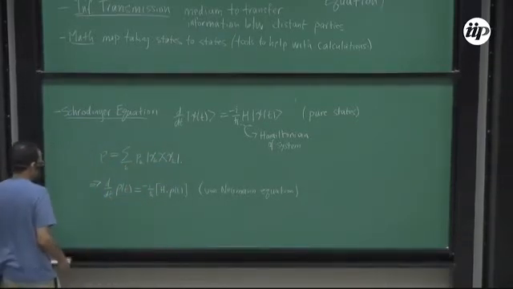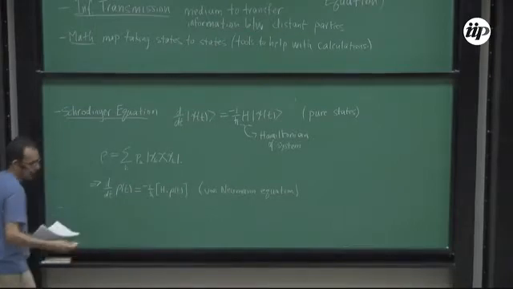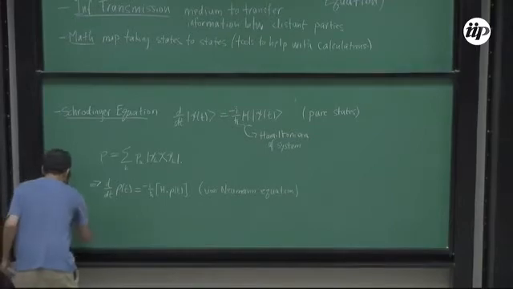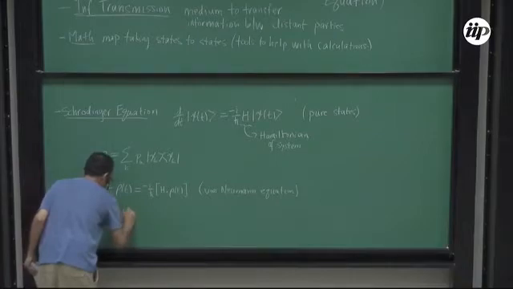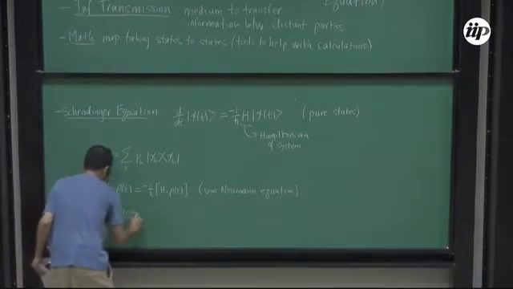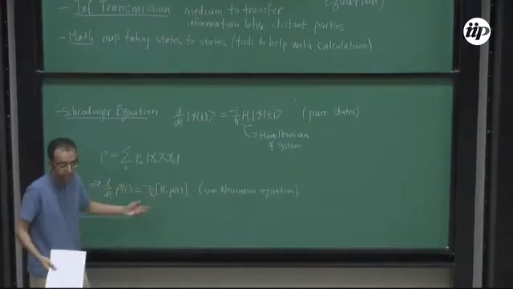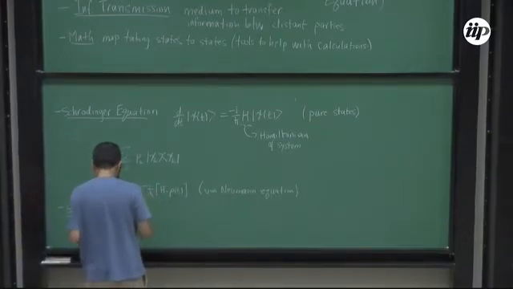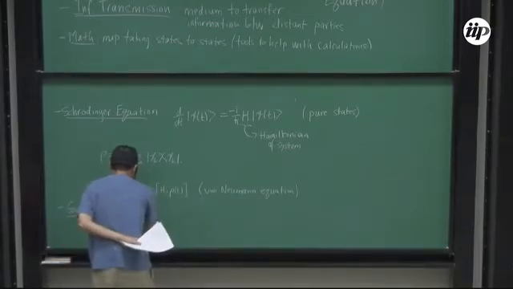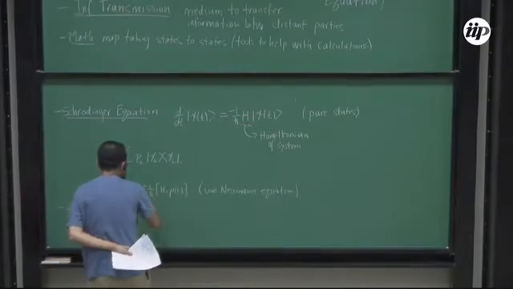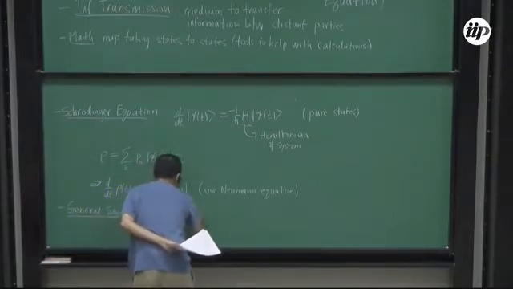Now, the general solution to this corresponds to what's called unitary dynamics. It is simplest to write this in the case when the Hamiltonian is time independent. So maybe you recall that in the case that our Hamiltonian is time independent, then the state at time t can be written as this.